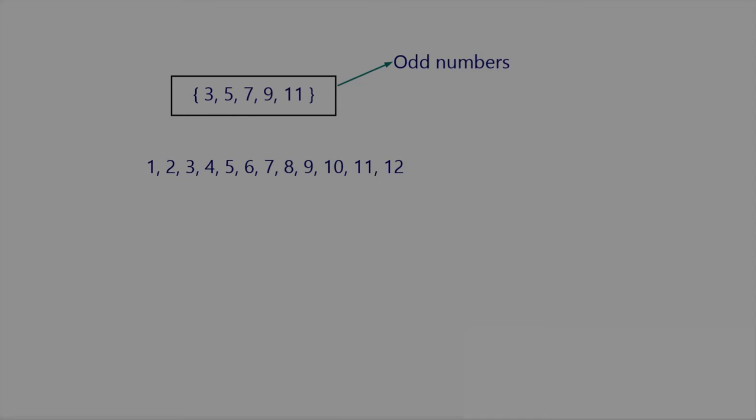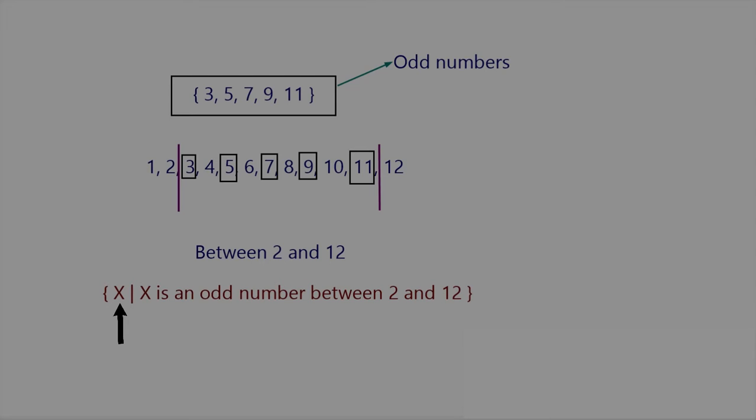This time we want to convert sets from roster form to set builder form. So looking at these sets of numbers, we can notice that they are odd numbers. The other thing we can notice is that they are natural odd numbers between 2 and 12. So we can write that in set builder form in between brackets as the variable x, such that x is an odd number between 2 and 12.